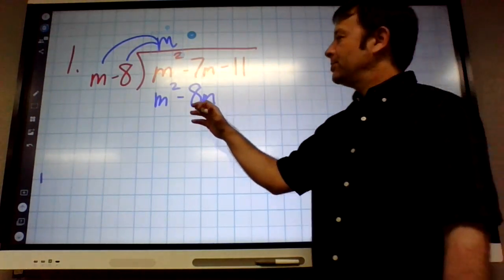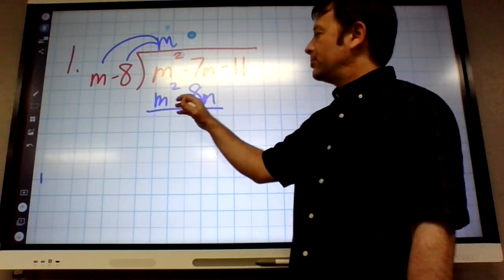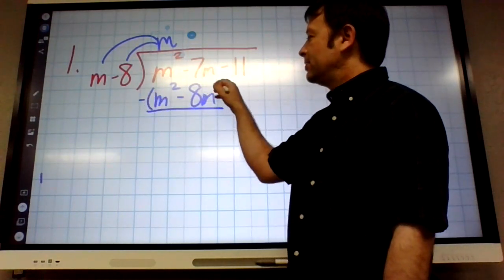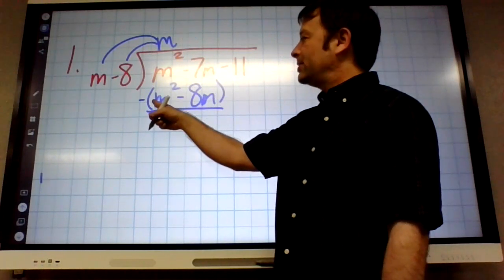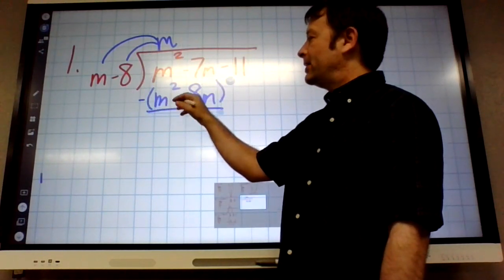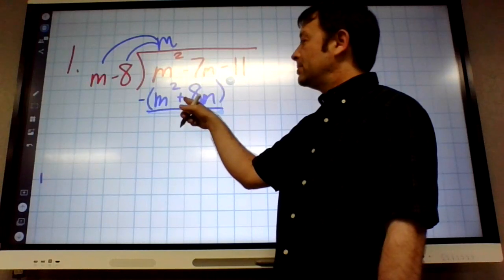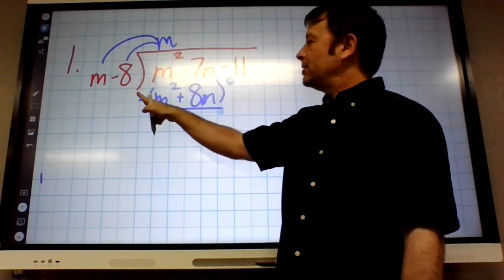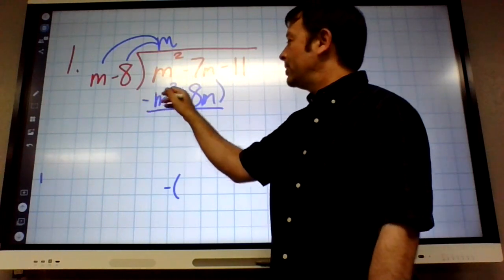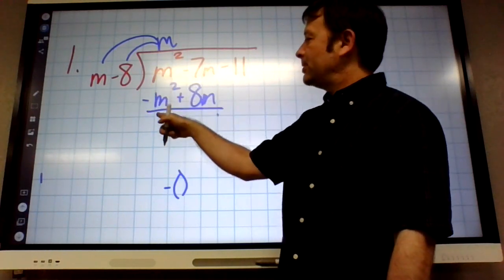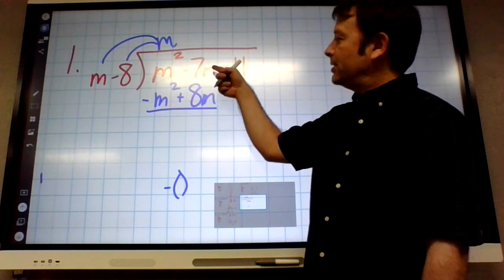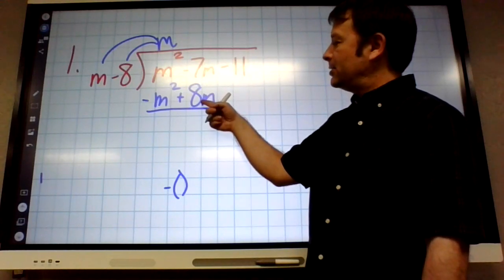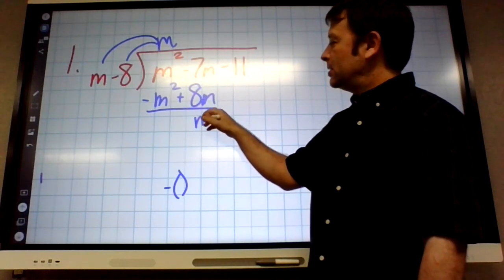But when you do long division, you always subtract this line. So the m squared goes away, m squared minus m squared, and you end up adding the m, because minus and minus becomes a plus. Negative 7m plus 8m is just m.